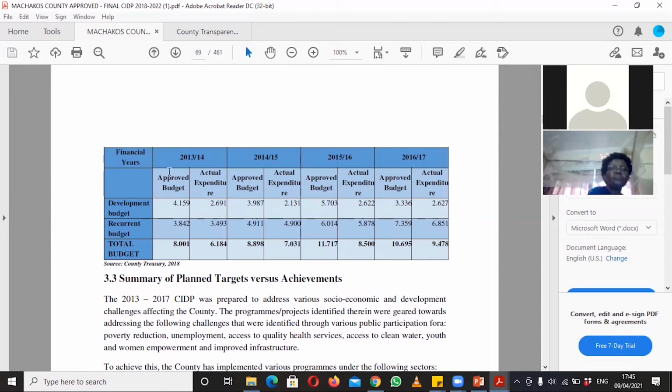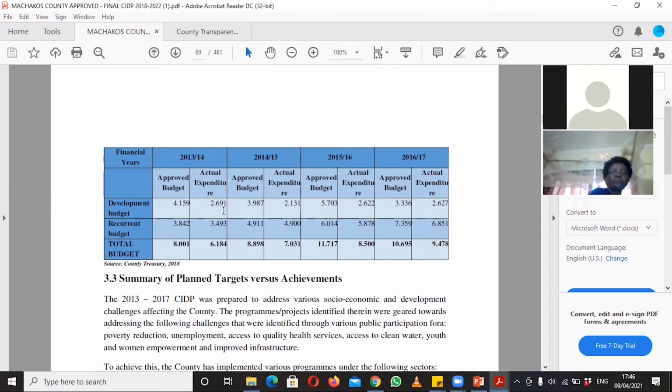So you can see here is the breakdown of the years, starting 2013 to 2014, 2014 to 2015, 2015 to 2016, 2016 to 2017. If you get lost, you can alert me so that I can ensure you understand better. Here we have the development budget. The approved budget in 2013-2014 was 4.159 billion, but they ended up using only 2.691 billion.